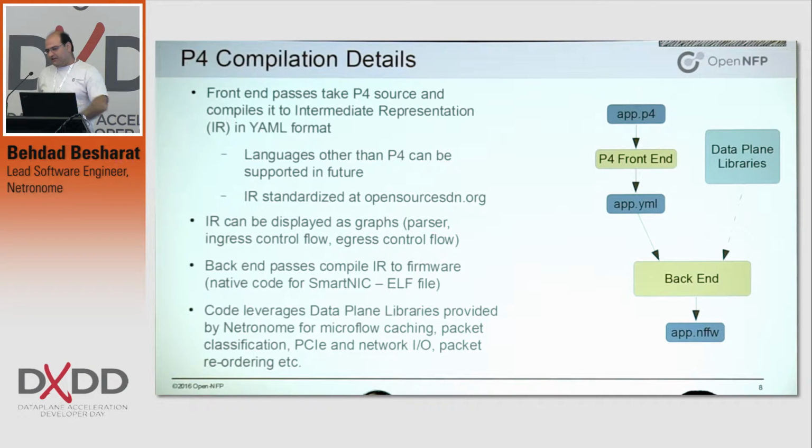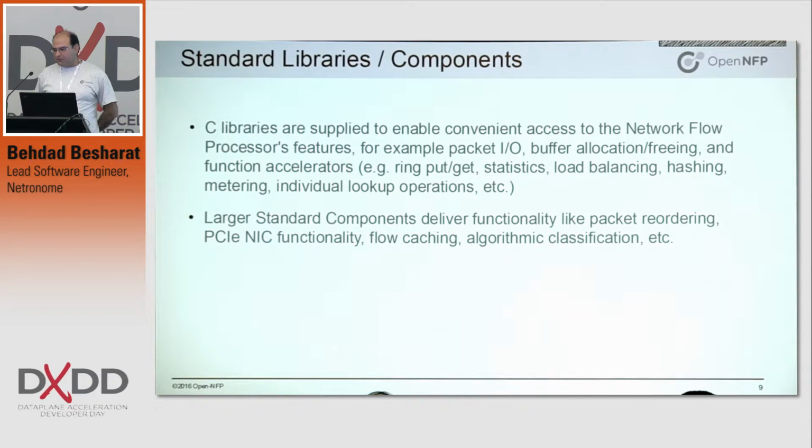The data plane libraries and the standard libraries that come with Program Studio facilitate development and make it easy to access the different parts of the NFP chip, with features like packet I/O, buffer allocation and freeing, ring allocation and freeing, and so on.